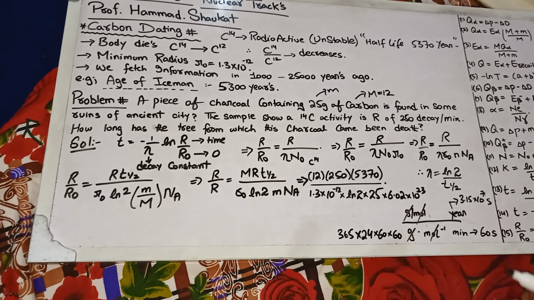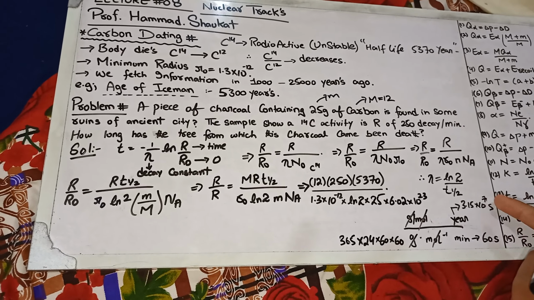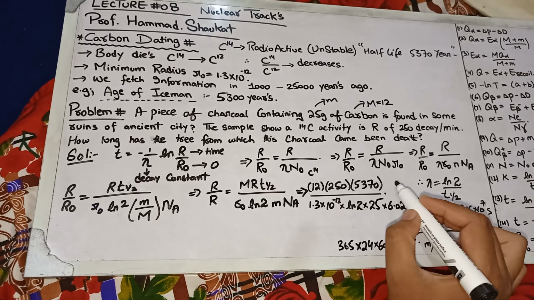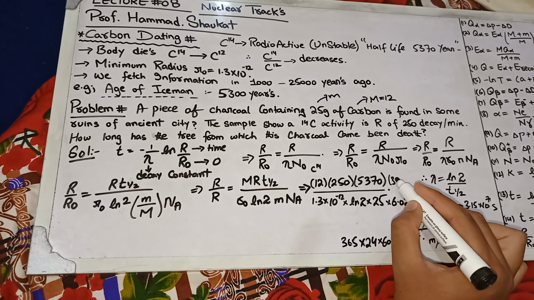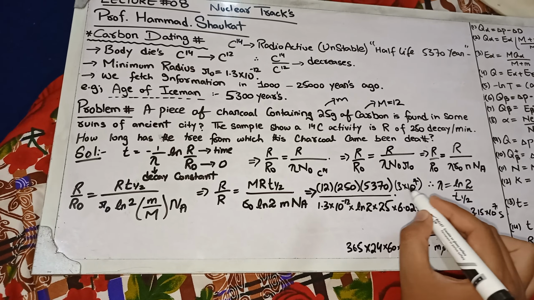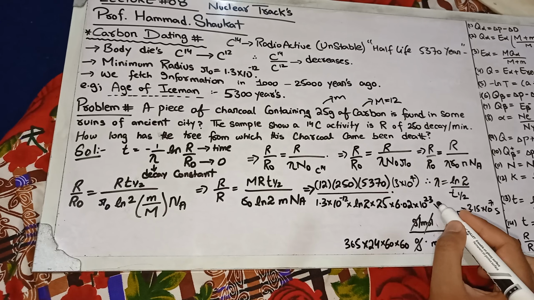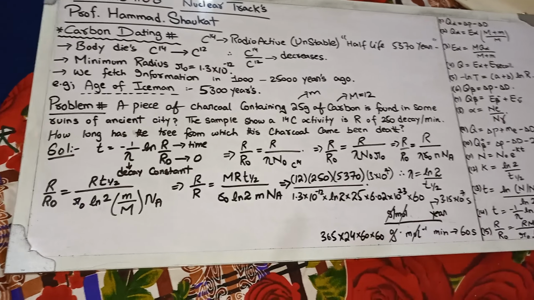So to make your units consistent, you have to multiply this also. So you multiply here 3.15 into 10 raised to power 7, divided by 60 in the denominator.